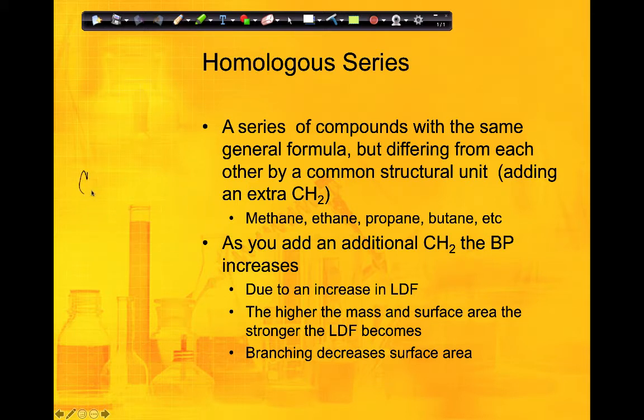So let's just do skeletal. This is butane, and then I can take the same thing, with the same formula, the same number of carbons, the same number of hydrogens. The difference is that I have a branch, so this will have a lower boiling point because it has a lower surface area.